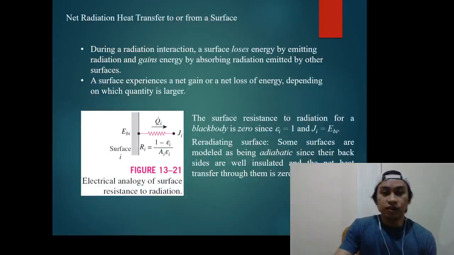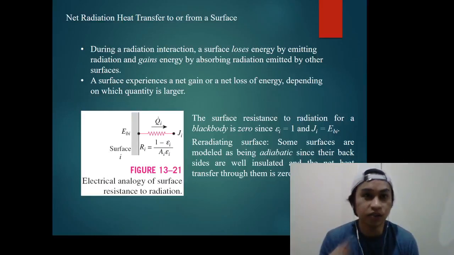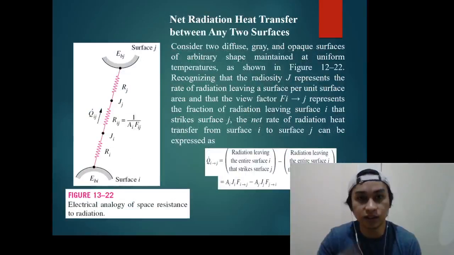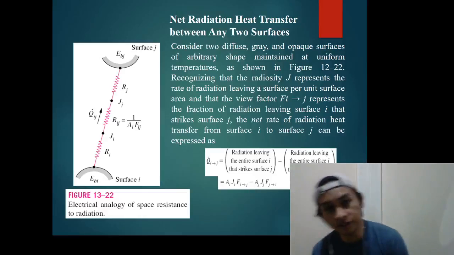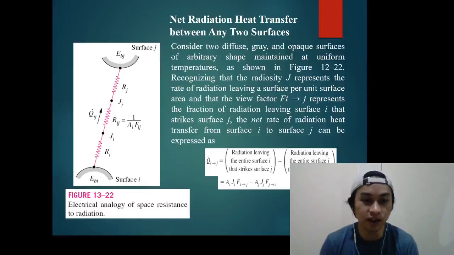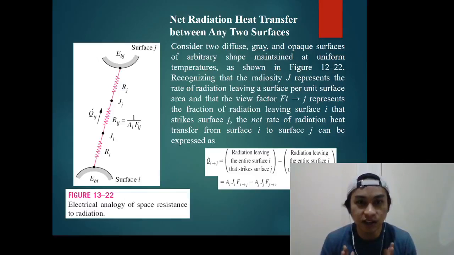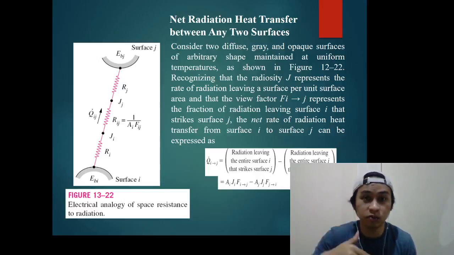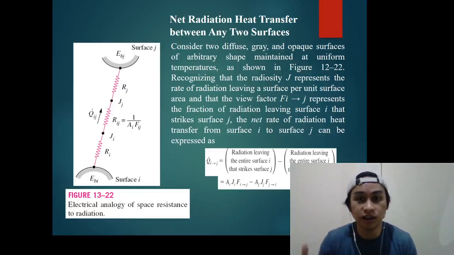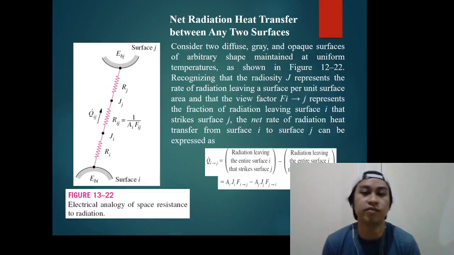After the radiation to and from a surface, next is radiation between any two surfaces. As you can see from the figure, there are surface i and surface j, and between them there is net radiation. Consider two diffuse, gray and opaque surfaces maintained at uniform temperatures as shown in the figure.